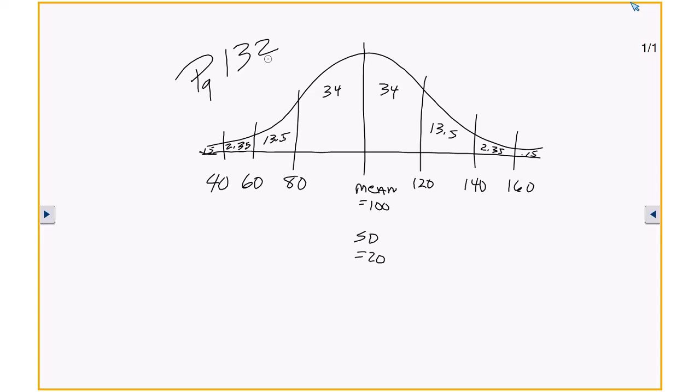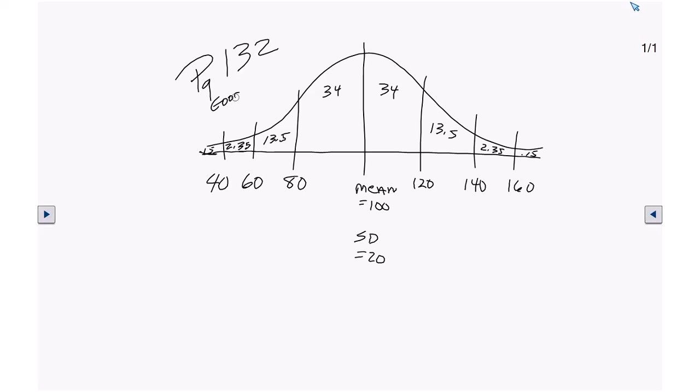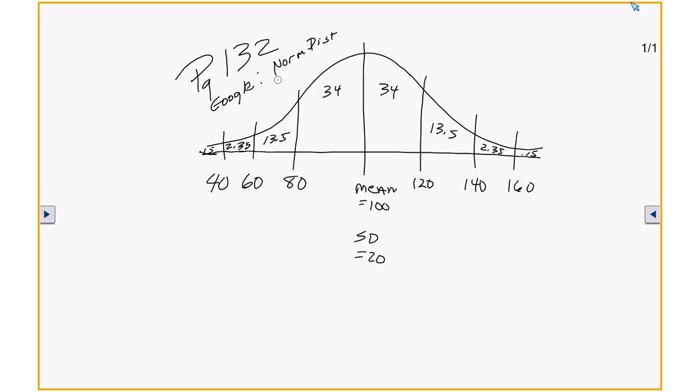And I told you to also Google normal distribution, and you can also type in empirical rule, and it will give you all kinds of what?